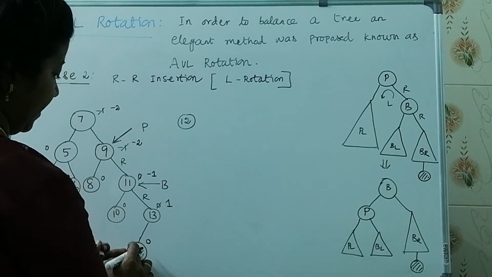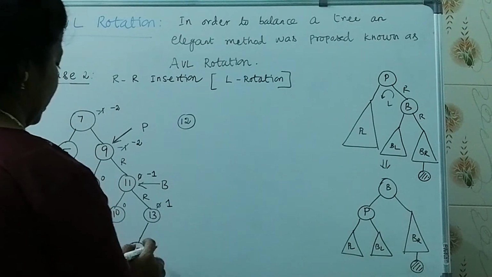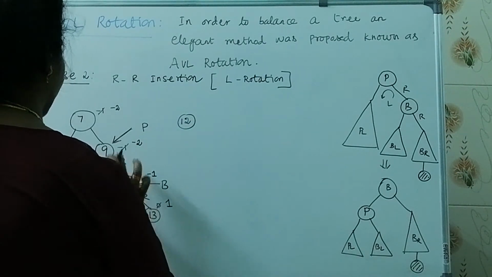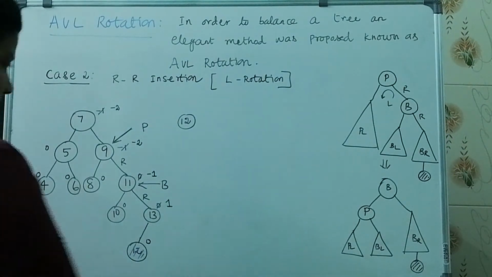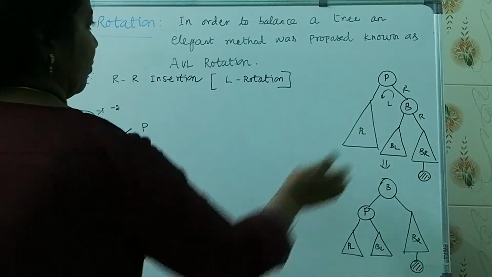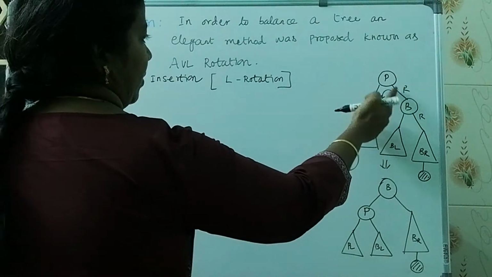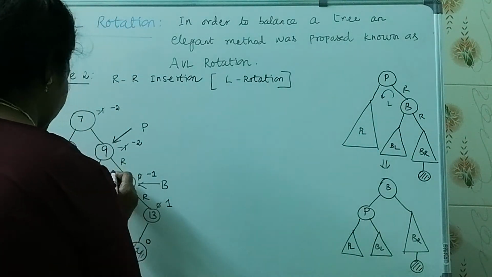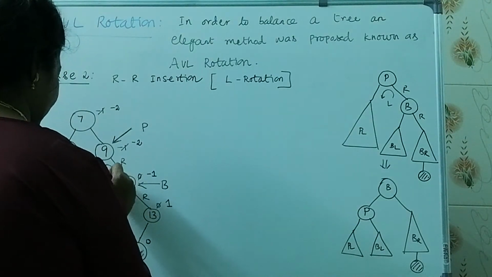So it could be that insertion happens to the left of 13 or right of 13, but the insertion happens to the right of node P and then B. Fine. Now we have to apply the rotation. What rotation? We have to apply left rotation once. Where should we apply it? We have to apply it at the node P. So you rotate in the left direction.